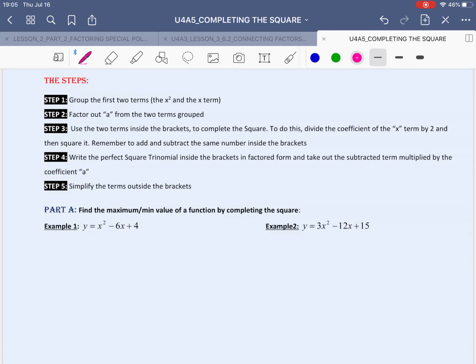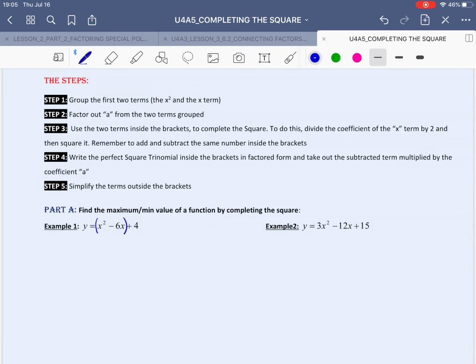y equals x squared minus 6x plus 4. Now, I'm going to read step 1. Step 1 says, group the first two terms, the term that has an x squared and the term that has an x in it. So I'll group them. I've grouped x squared and negative 6x.